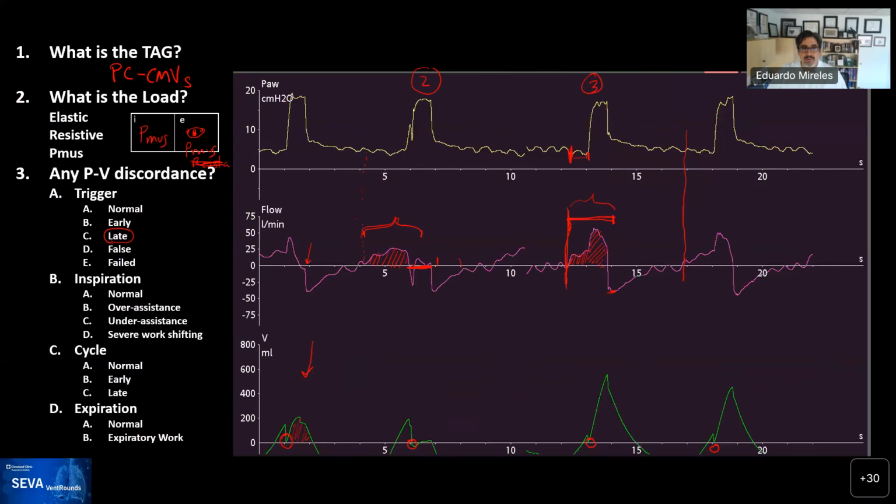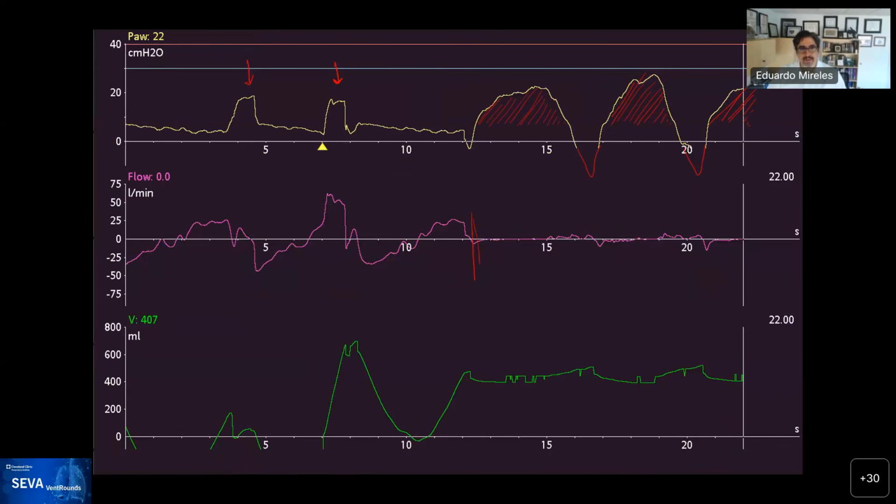And the causes for late triggering are, you can put them on the chat, but there's only a few causes of late trigger.